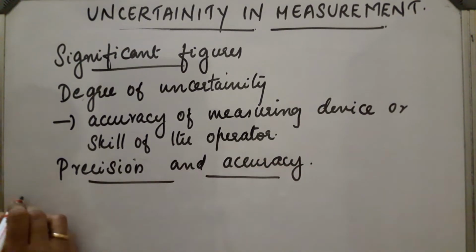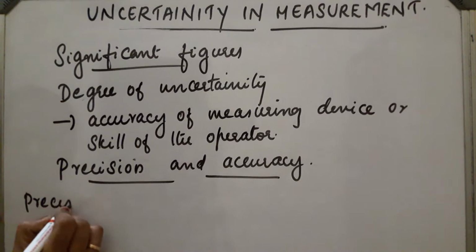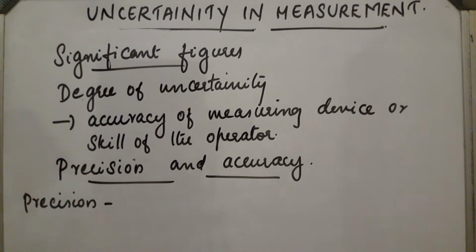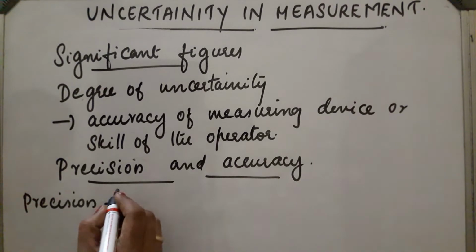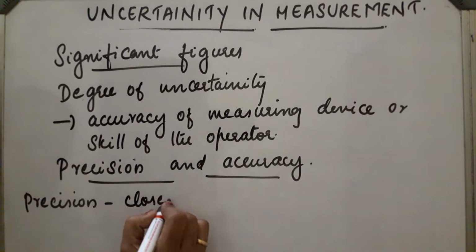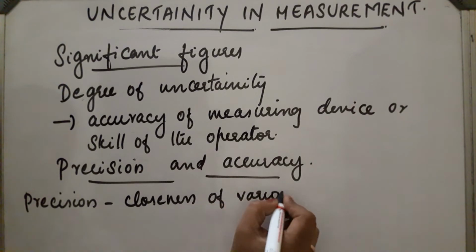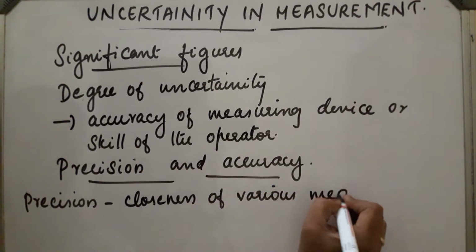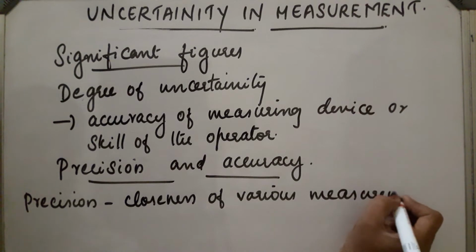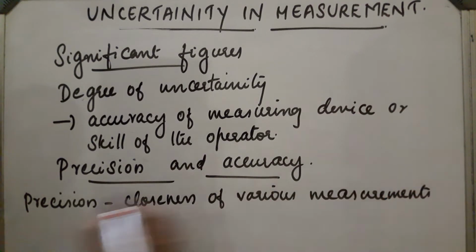First, precision. What is meant by precision? Closeness of various measurements of the same quantity.